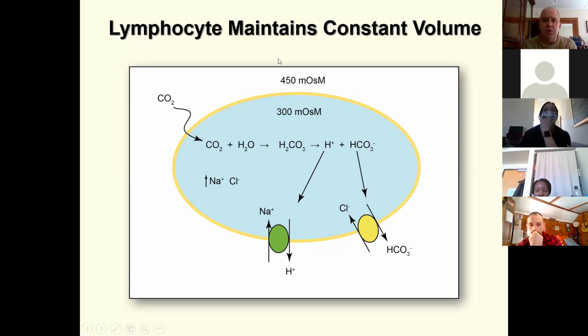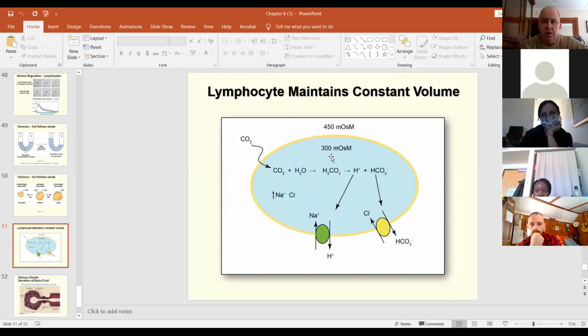So we started out in a hypertonic solution, and the cell shrinks down until it's 450 on either side. Okay, so now it's equal. And now it's going to put sodium and chloride into the cell, and when that happens, water will go in with it. Now it's going to swell up again back to normal size.